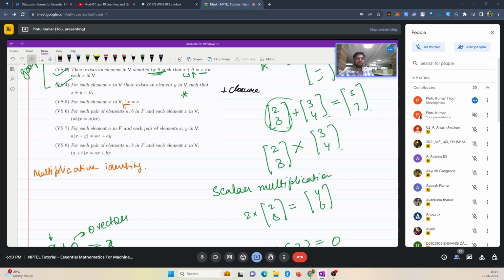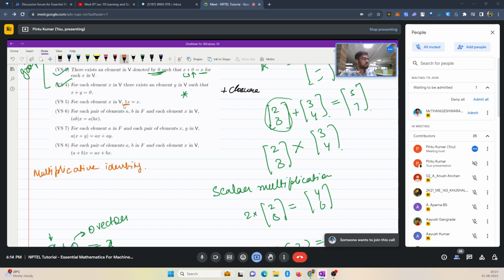What is a multiplicative identity? In your school days, when you multiplied 1 with any number, let's say you have x and you multiplied it with 1, you always get x. We want the same thing for our vector space also. If we have an element 1, and if we multiply it with any element, we get the same element, then 1 is called the multiplicative identity.